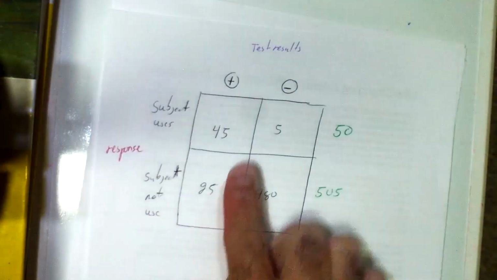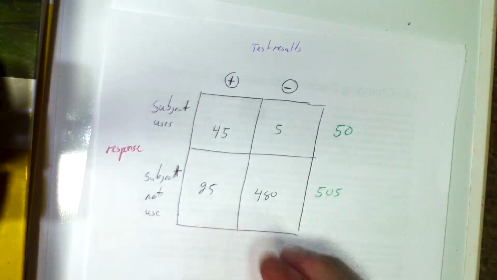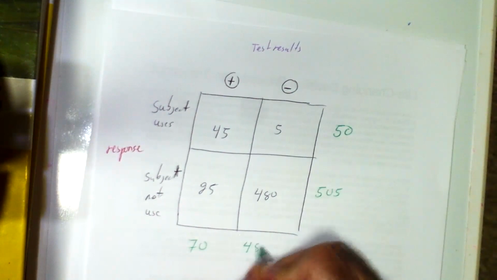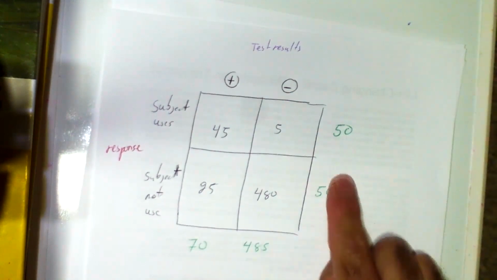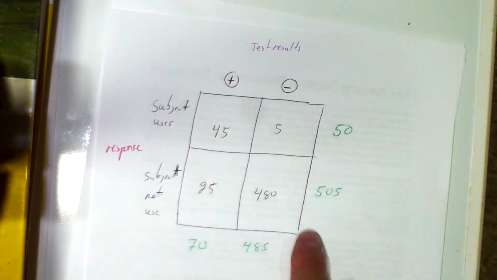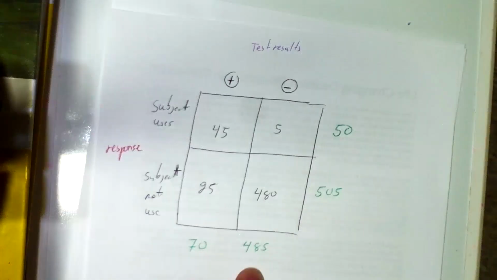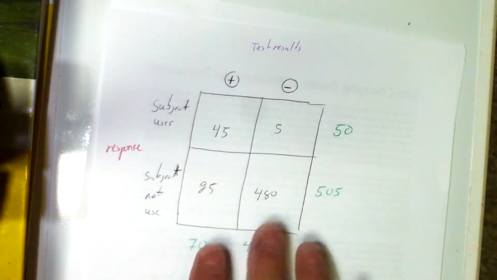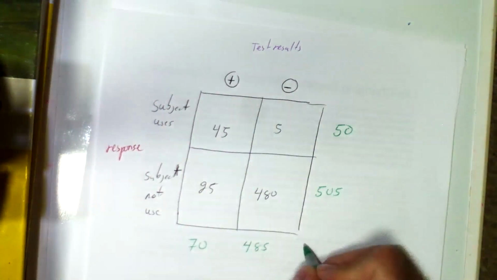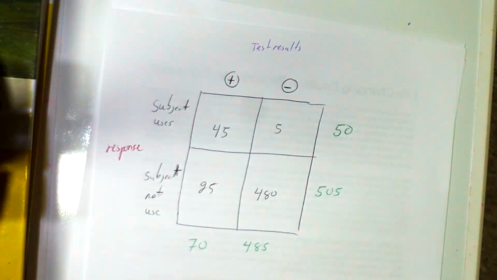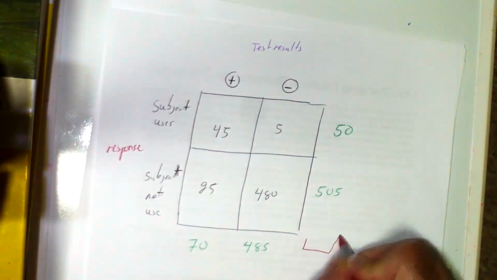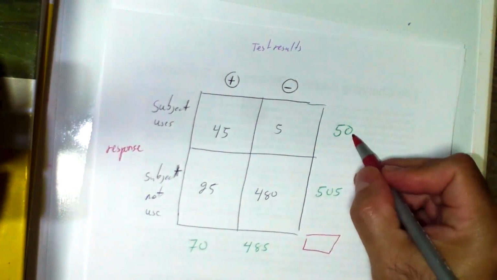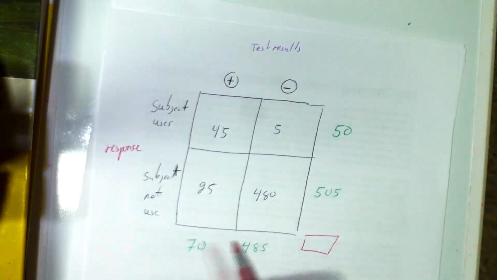And now I want to add the columns. So the columns is going to be, I believe this is 70 and this is 485. So I added the rows and the columns. And those give you the subtotals. Those are the subtotals of the columns and the rows. Now I have to get the grand total. Now, how do I get the grand total? You have two choices. Either you add the two row sums or the two column sums.